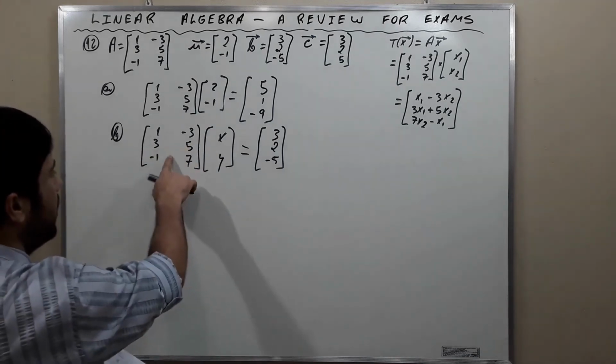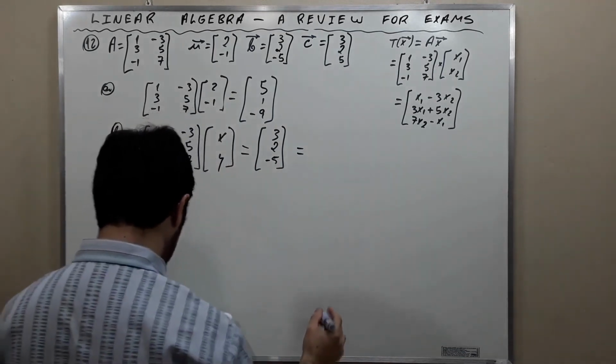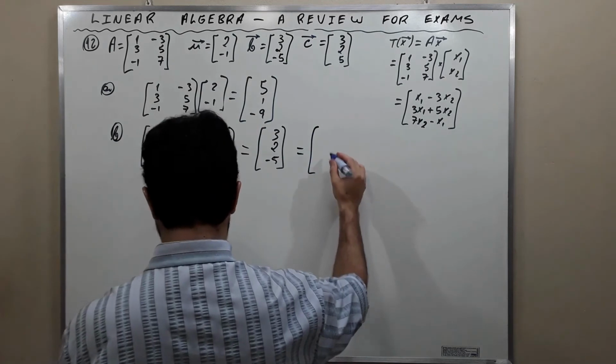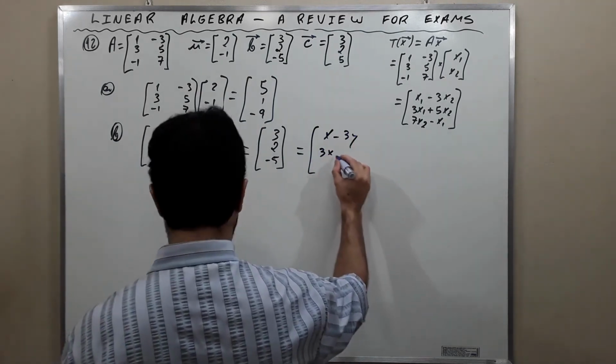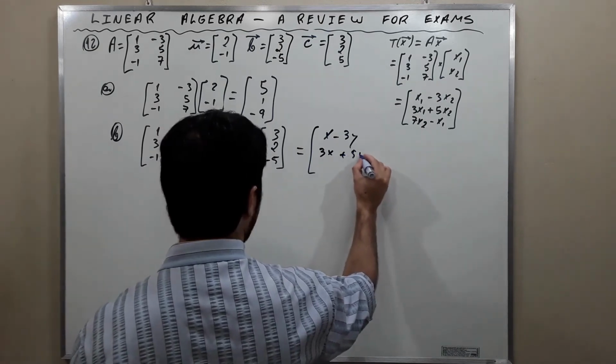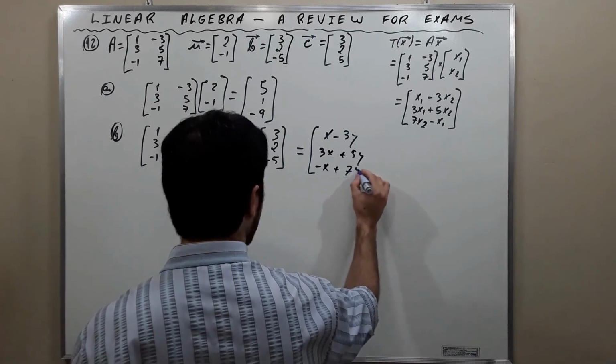We are going to multiply the transformation by the vector, and then we find this x minus 3y, 3x plus 5y, negative x plus 7y.